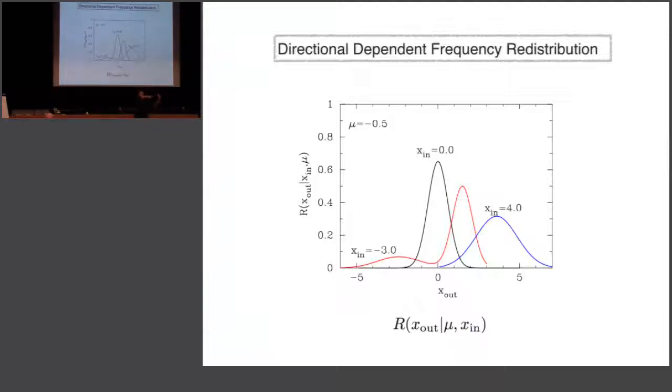However, you have some atoms that are moving in this direction, and for these atoms, the photons appear much closer. The photon appears much closer to resonance, so it's much more likely to absorb it. Right? So in this case, if your atom is moving into the photon, it looks exactly at resonance, right? And then it scatters the photon back in this direction. So it's almost like the photon is moving this direction, the atom is coming in and boom, bounces it back in this direction, and it gains energy.